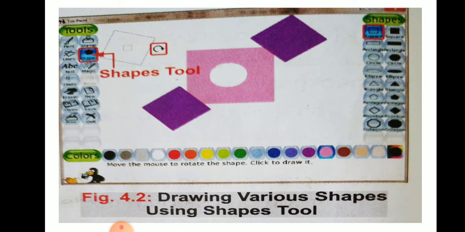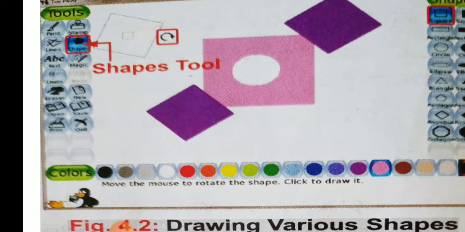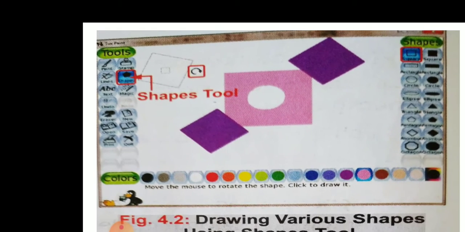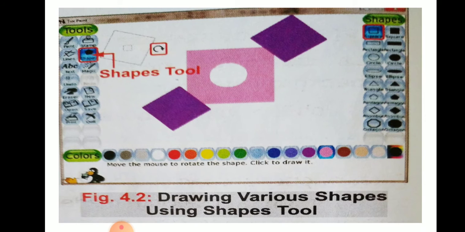Let us draw a square at various angles. Firstly we should select the shape tool, and choose the square shape from the sub toolbox on the right hand side. We can choose either a blank square or a filled square.